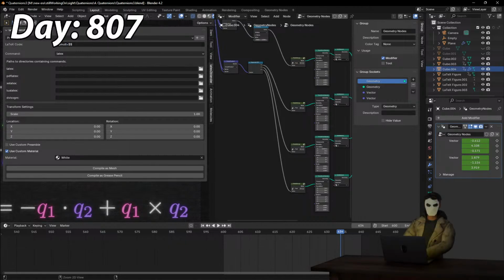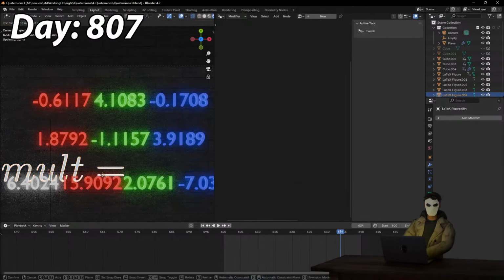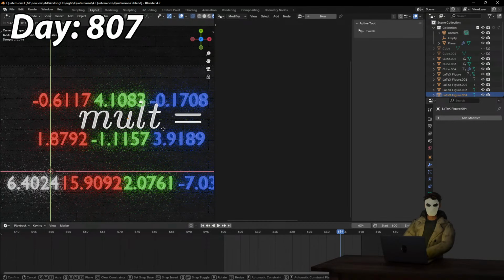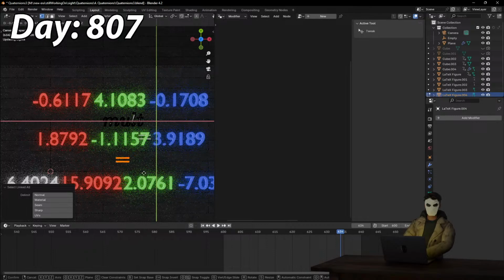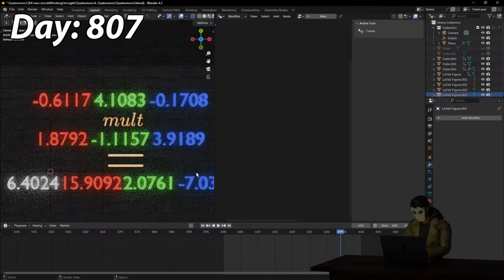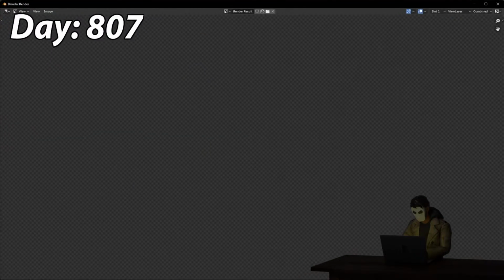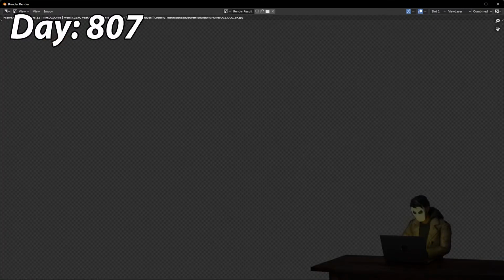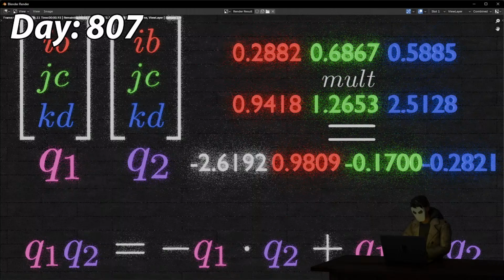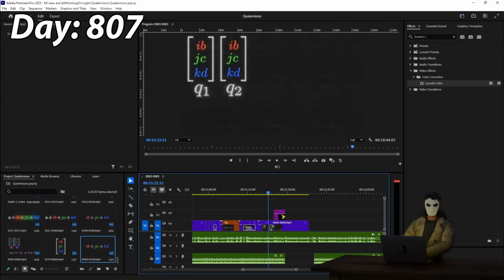Mult and equal, because I can't use times or the center dot, because they respectively in this case mean the dot product and the cross product. So we gotta go this way. We're close, we're really close.